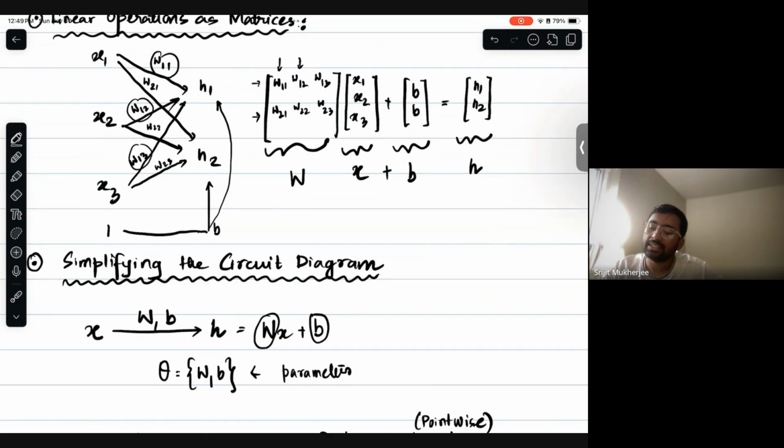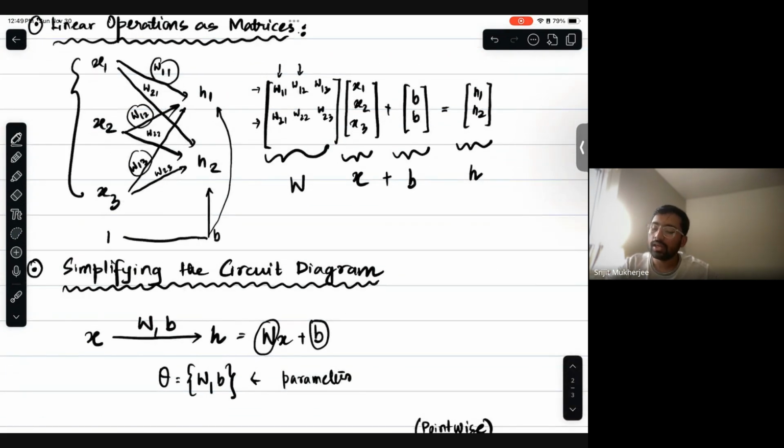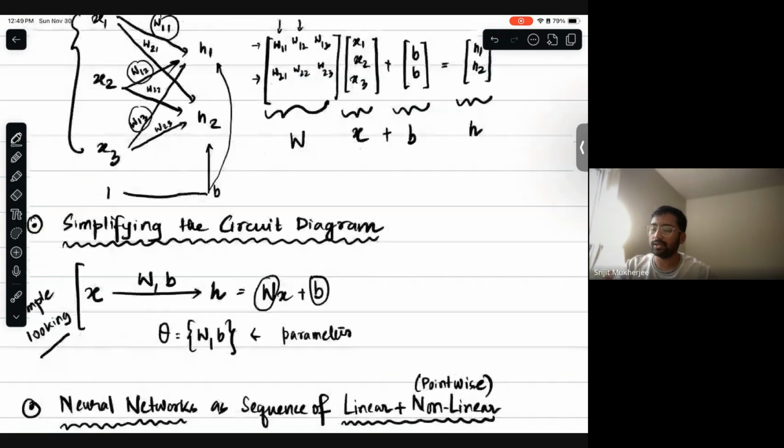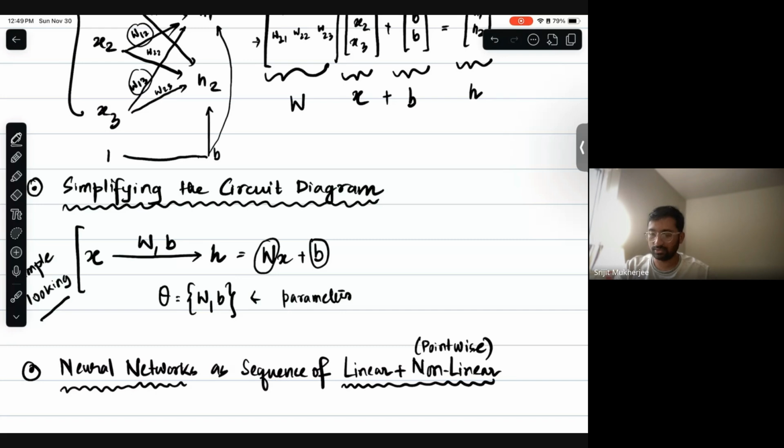So what happened is that instead of this complicated diagram, using linear algebra and matrices, we made it very simple looking. H is equal to this.